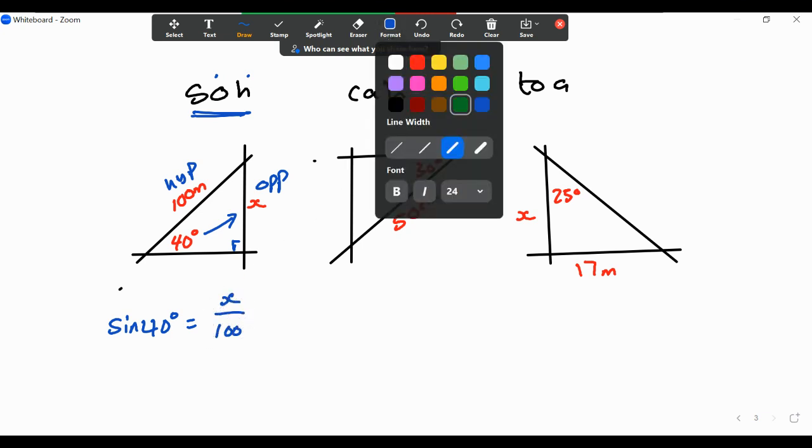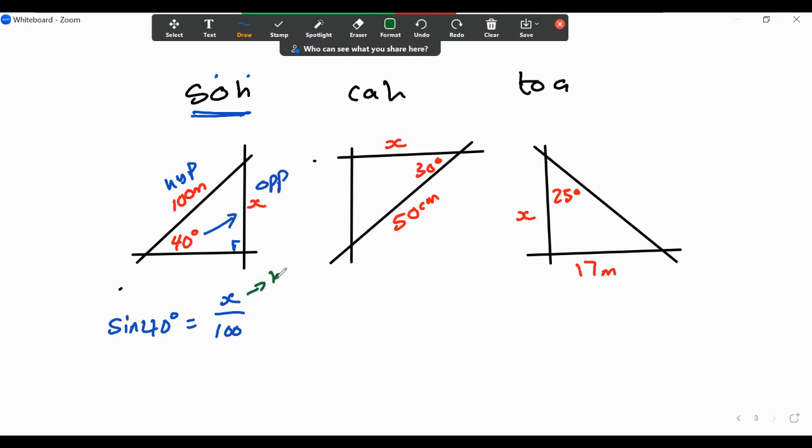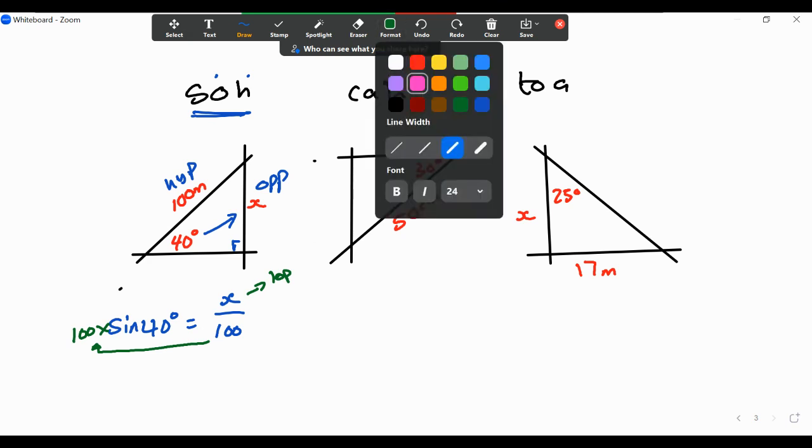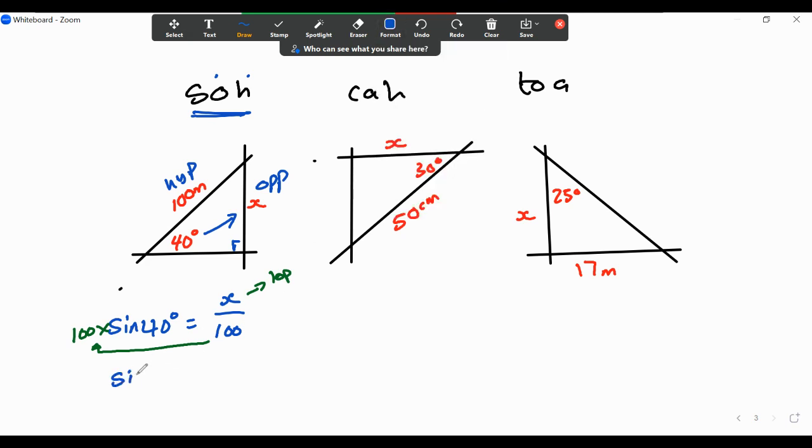Now you can see that the unknown is at the top. When the unknown is at the top, all we have to do is simply multiply the left-hand side by 100. And so we end up with 100 times sine 40 equals x.